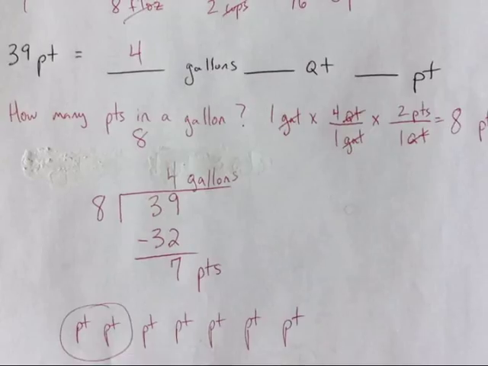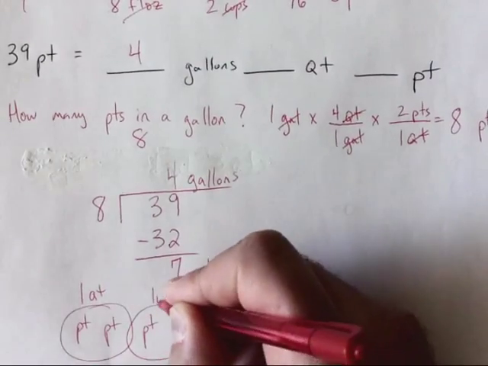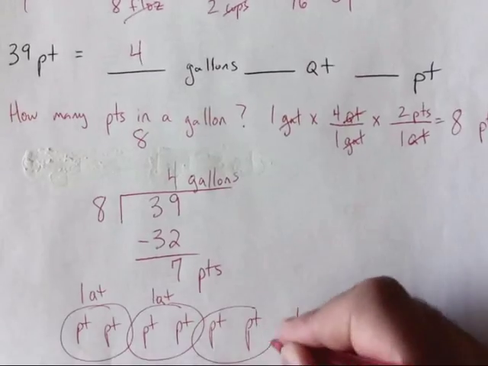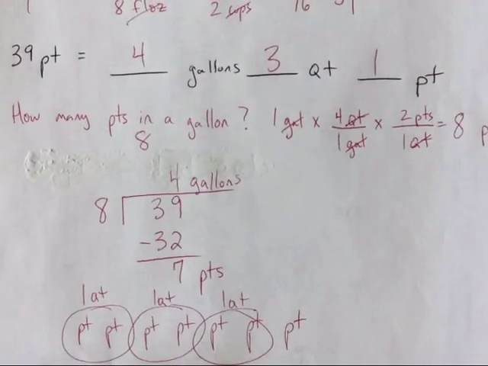So here's a quart, here's another quart, here's another quart. So I can have 3 whole quarts from the 7 pints that were left over, and then I have 1 pint left over that I can't convert to either gallons or quarts. So the answer there would be 39 pints can be used to make 4 whole gallons, 3 whole quarts, and then there would be 1 pint left over.